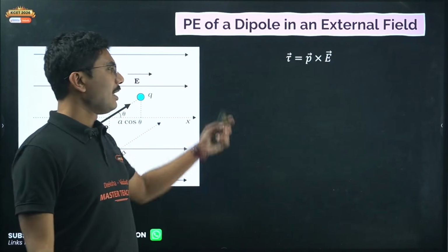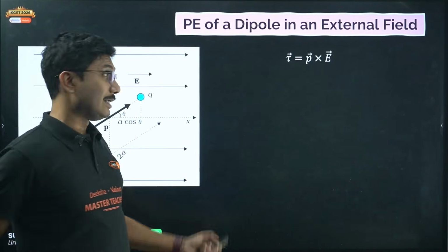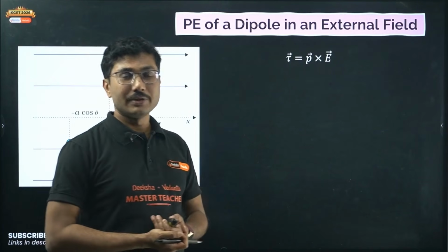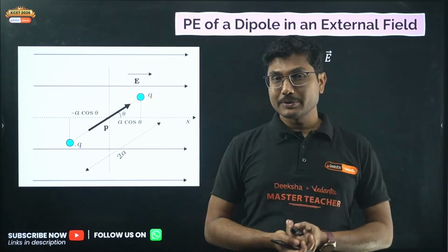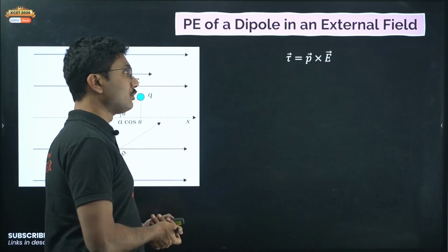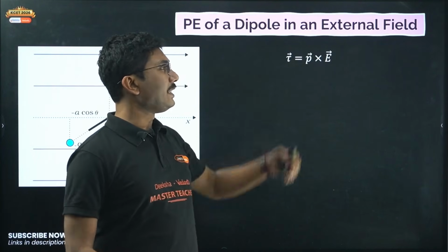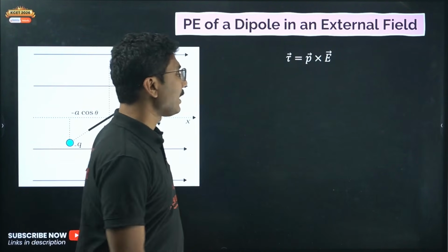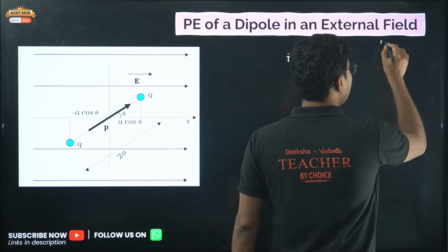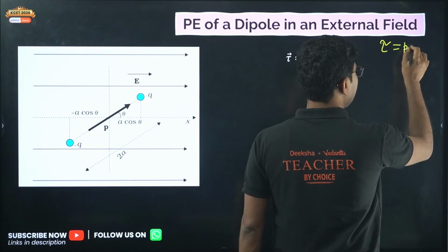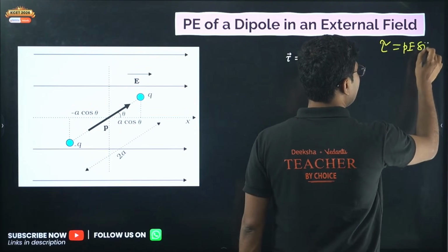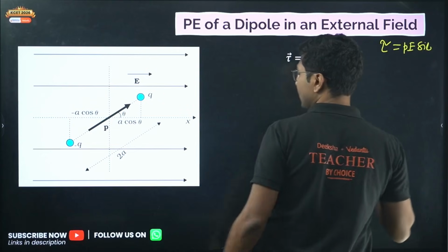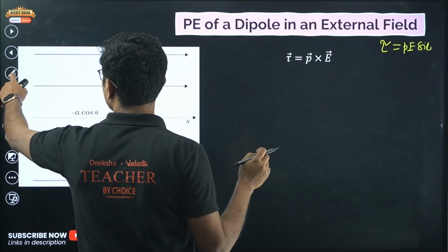Normally in case of work we use force, but in case of a dipole we will use torque. Torque is P cross E, so basically torque is equal to PE sin theta, and it is a rotational motion. So how to calculate work done?